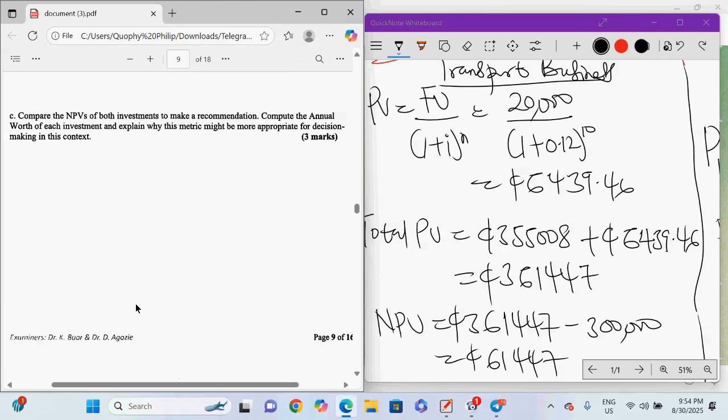So based on the new computation that we did, which investment is more viable?